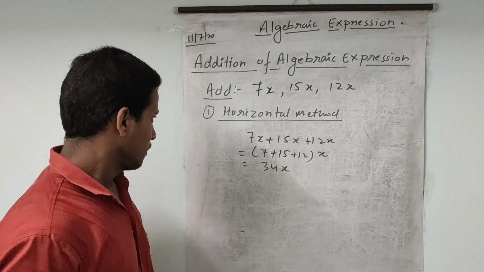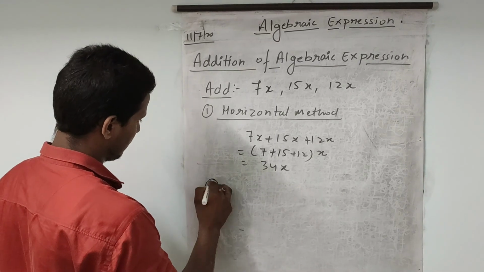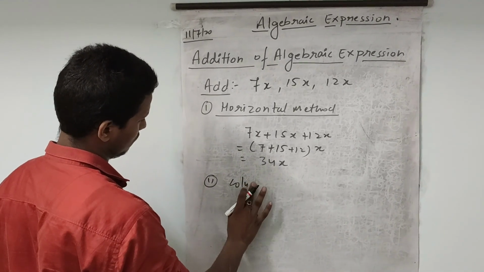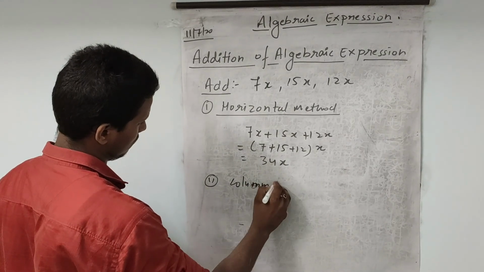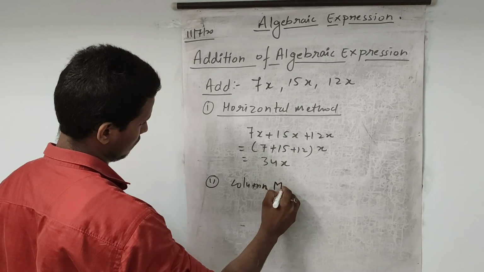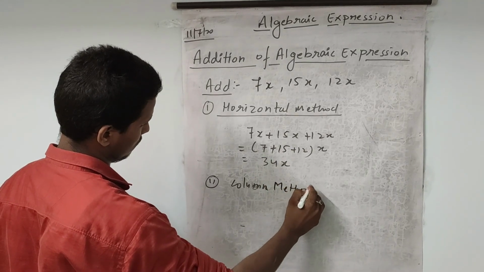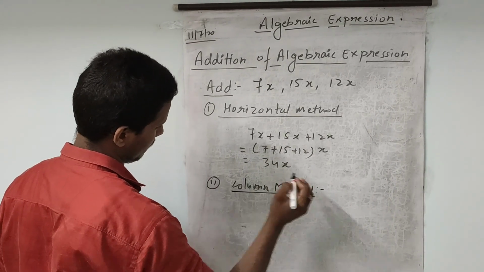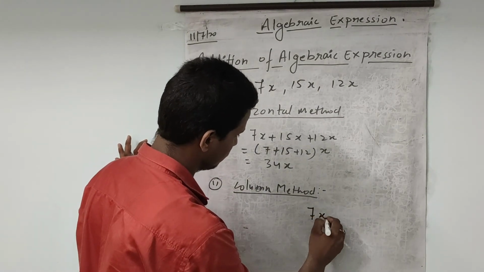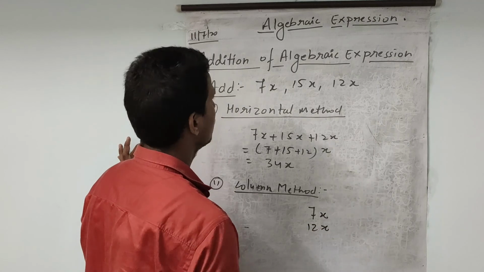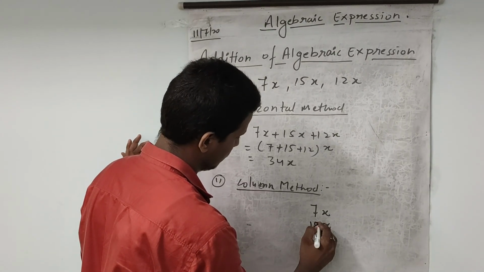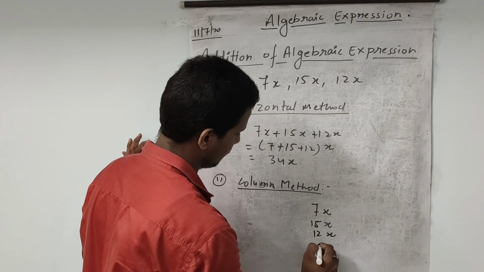Okay, next is the column method. In this method we are going to represent the values in a column: 7x, 12x, 15x, then 12x.